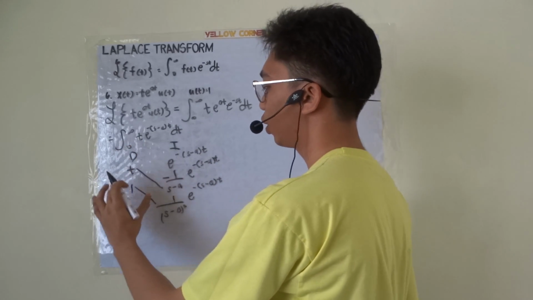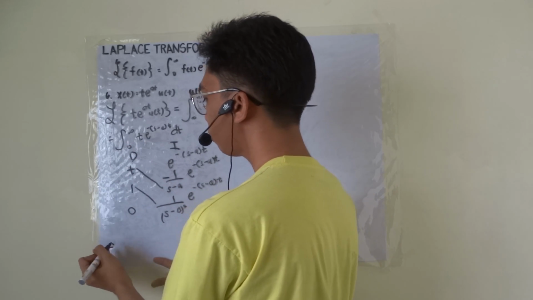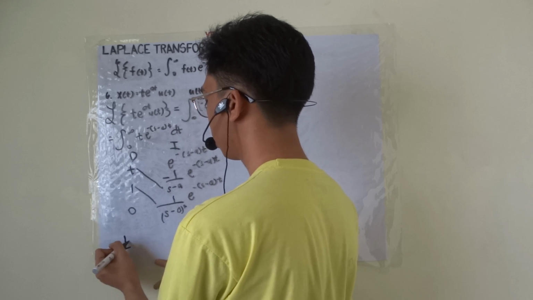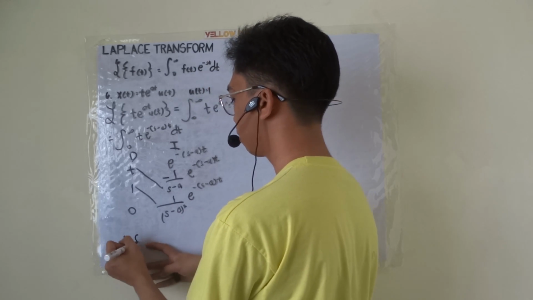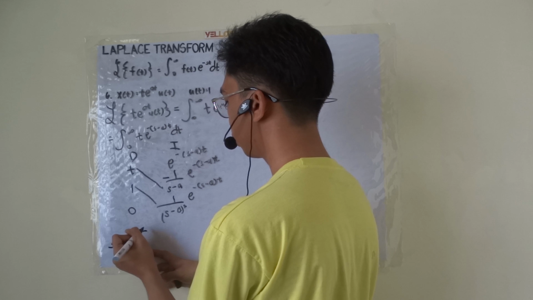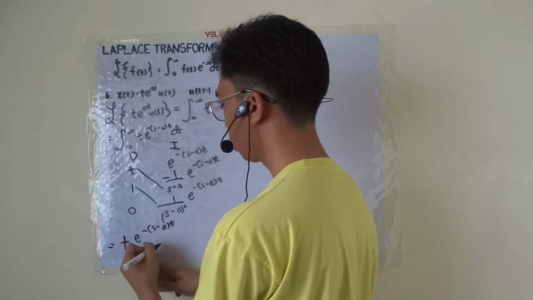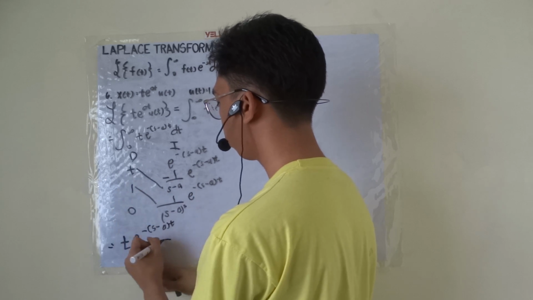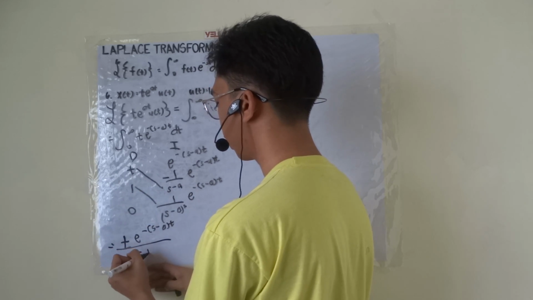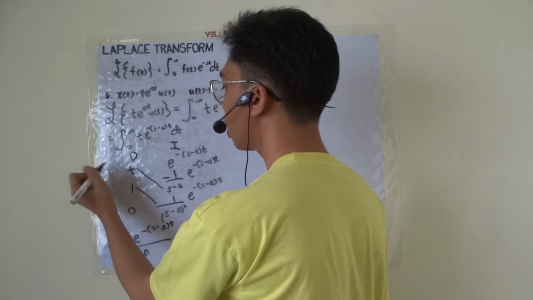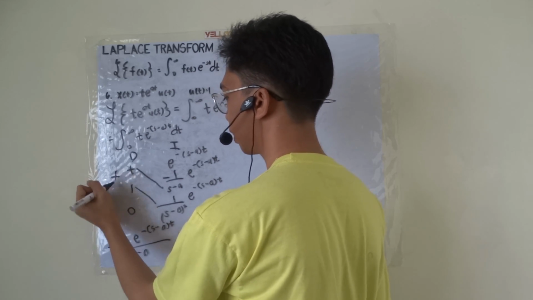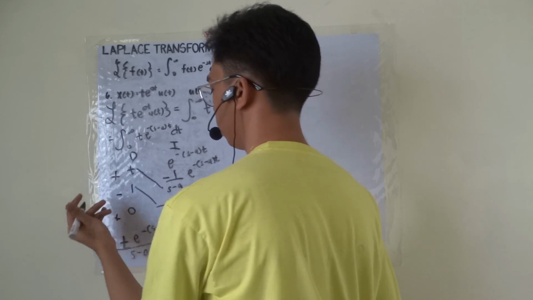And multiplying these terms, we have t times e raised to negative s minus a times t over s minus a. Don't forget our signs: positive, negative, positive.